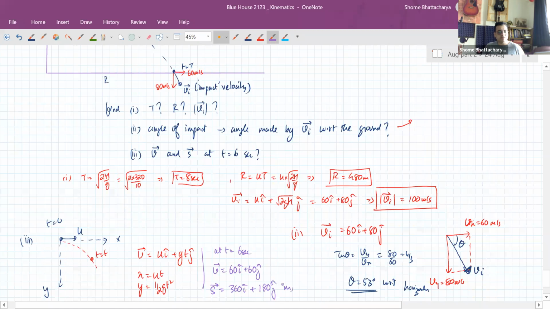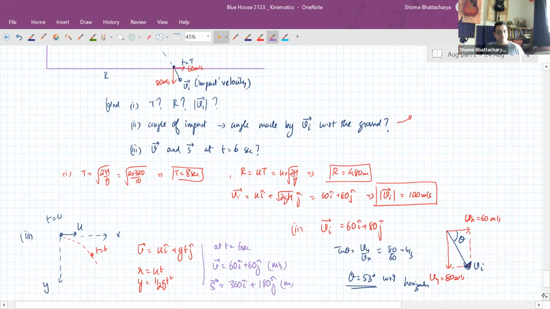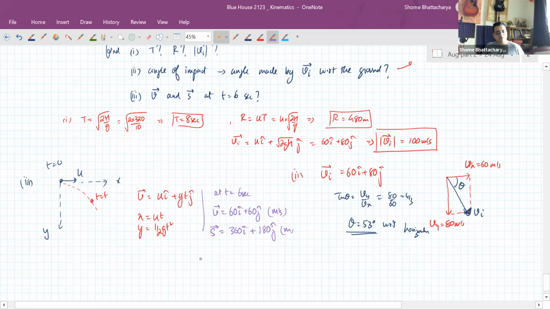This will be the displacement in meters, and this will be the velocity in meters per second. Basically, x will be 60 into 6, 360, and from this you're getting the displacement.